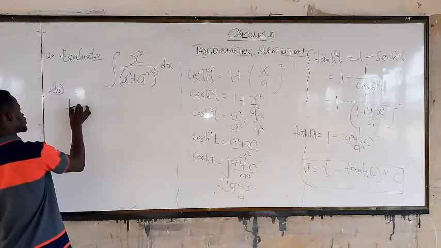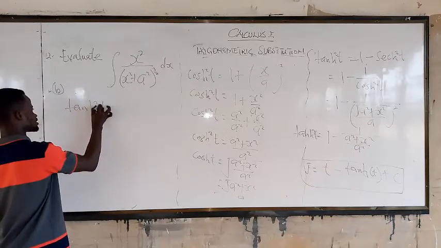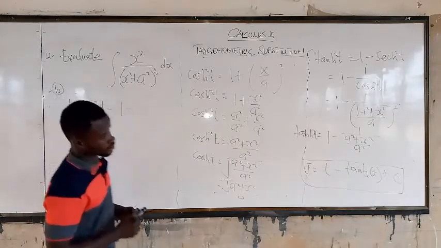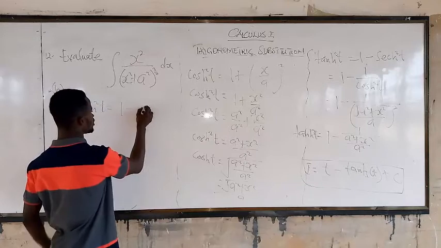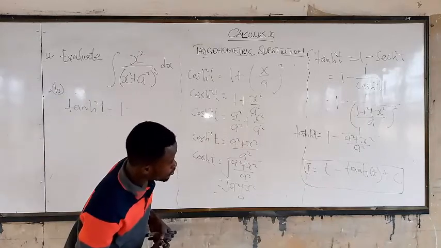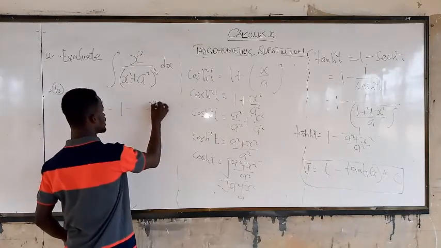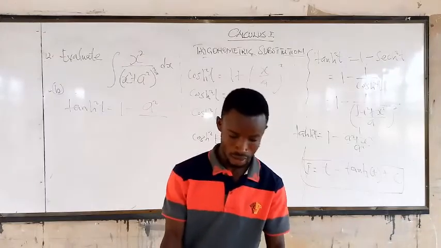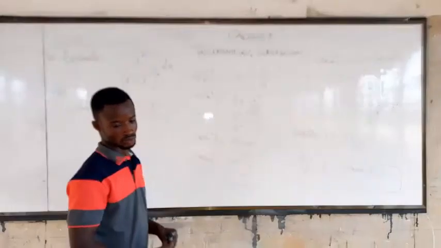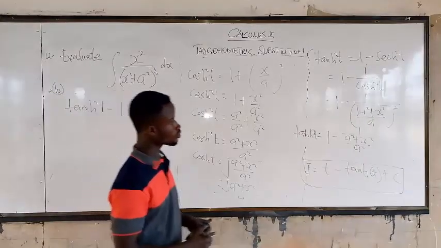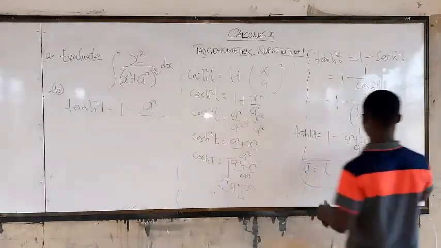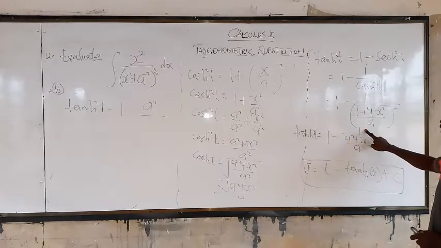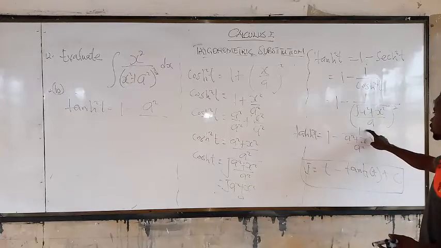So we get tan squared t to be equal to 1 minus a squared over... Okay, so this one we have here is like 1 over 1.